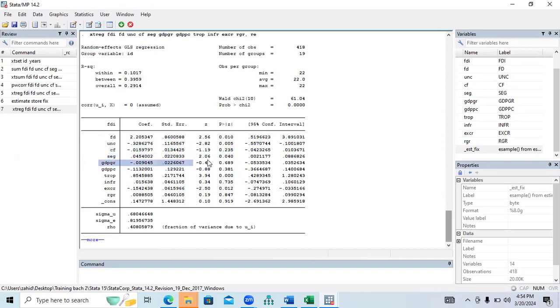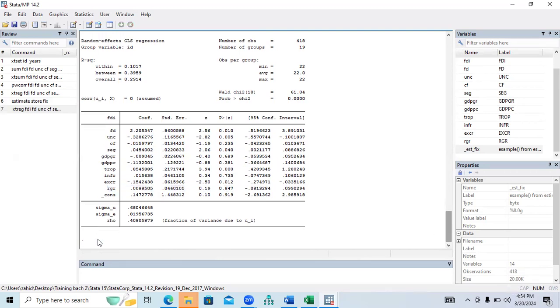The fifth one is not significant. Sixth one is not significant. Trade openness is significant with positive impact. Inflation rate is positive and not significant. Exchange rate is negative and significant. Real growth rate is positive but not significant. So you have found something like similar results.